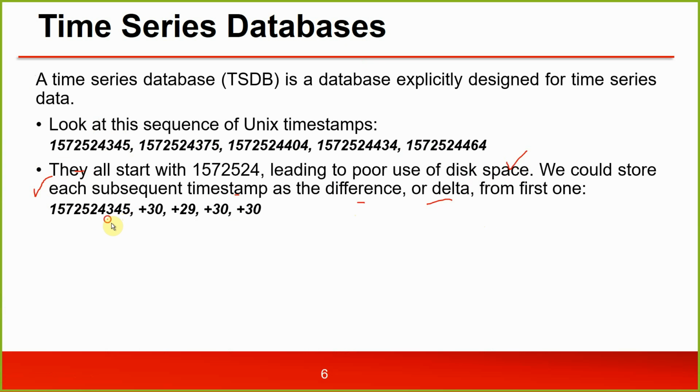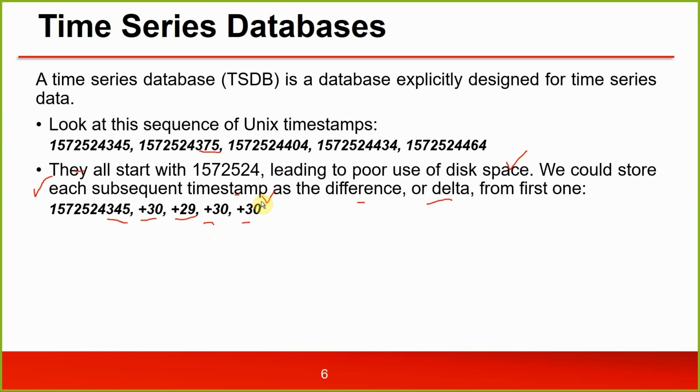The first value is 345, the next value is 30 more than this, so we can use plus 30. The next value is 29 more than the previous one, so plus 29. Next is plus 30, plus 30. This is better, not best, but better than the first one.